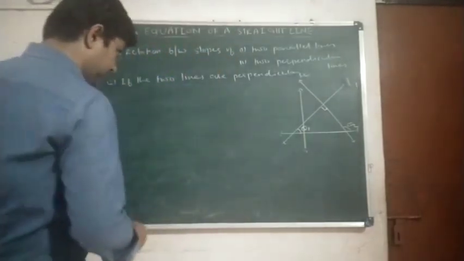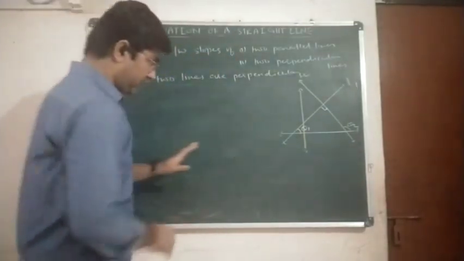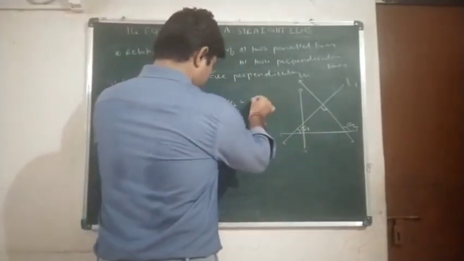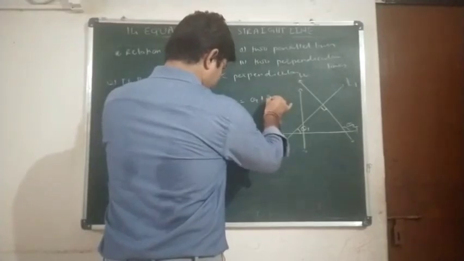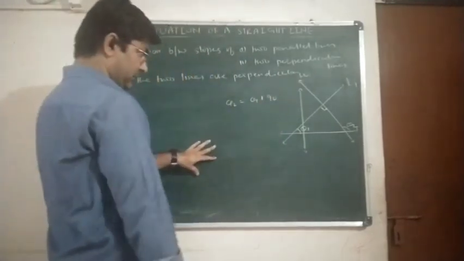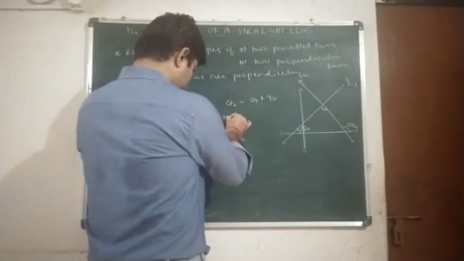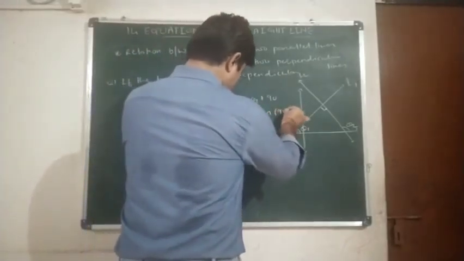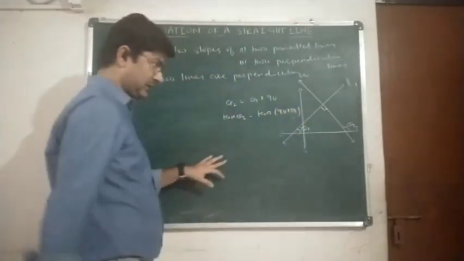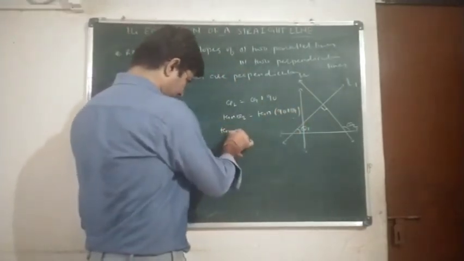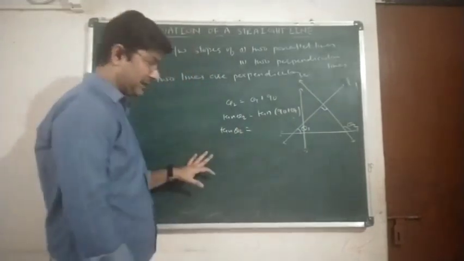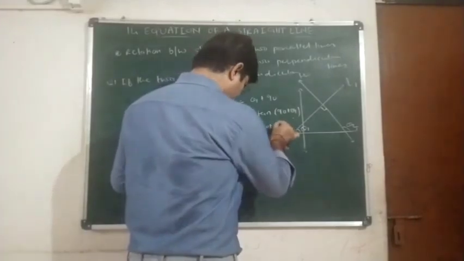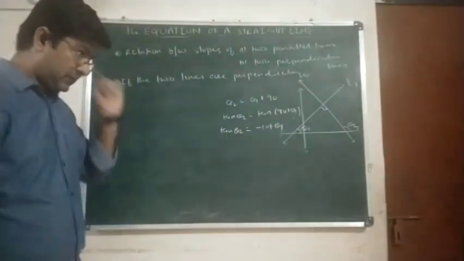So if the two lines are perpendicular, theta 2 will be equal to theta 1 plus 90 degree, and therefore tan theta 2 will be equal to tan (90 plus theta 1), which equals minus cot theta 1 in the second quadrant.